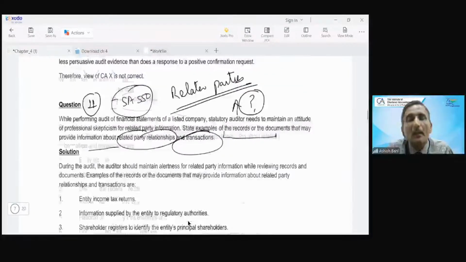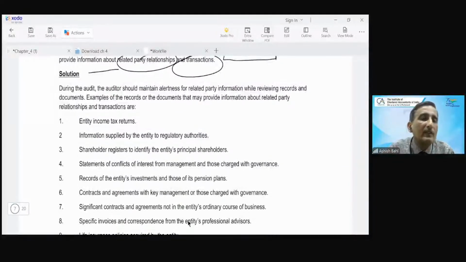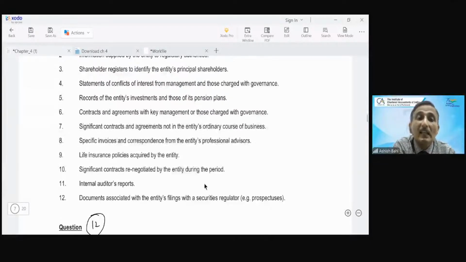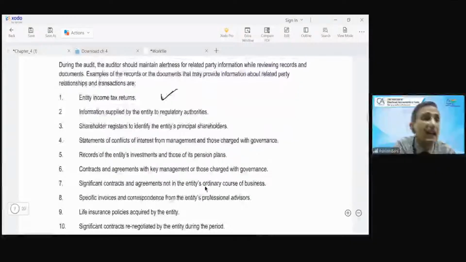So the auditor can obtain such information from a lot of sources, like the company's income tax returns, information supplied by the company to regulatory authorities like SEBI, and the shareholders register to know who the principal shareholders are. Also certain contracts and agreements with key management or those charged with governance, like directors or key managerial persons, and internal auditors' reports.